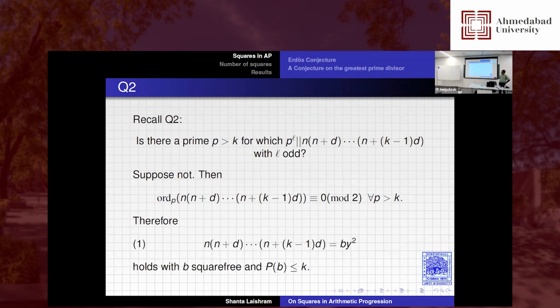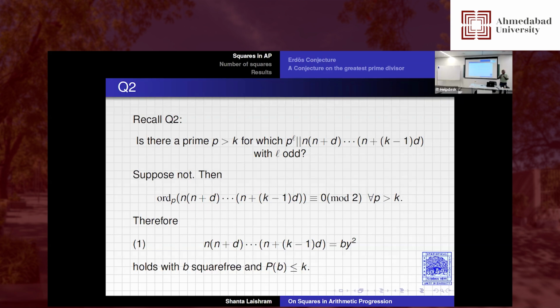Now, you can always write a number as a square free part times a square part. Any prime bigger than k will divide to a square part. So you can write this as b times y square, where b is square free.